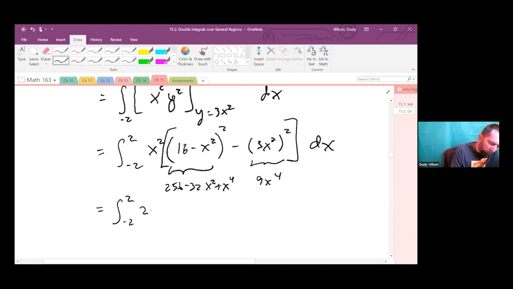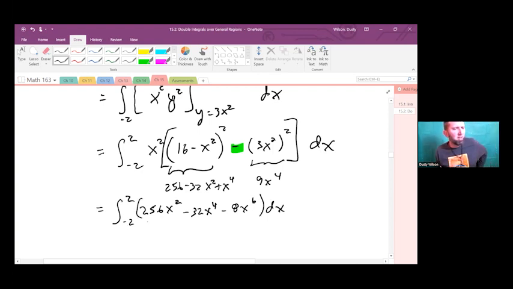That looks like 256x squared minus 32x to the fourth, and then I have x to the fourth minus 9x to the fourth, so that'd be minus 8x to the fourth. In this case, I'll have minus 8x to the sixth dx. Put parentheses around that whole integrand.